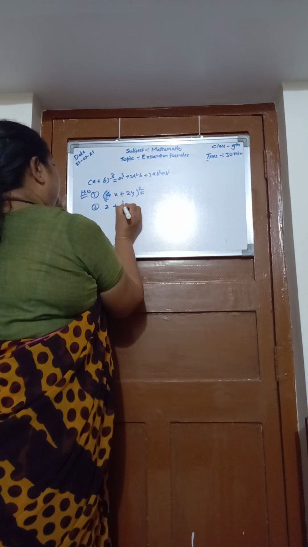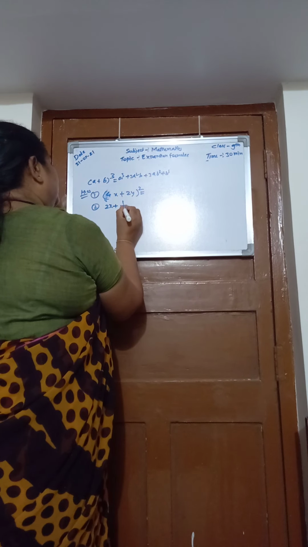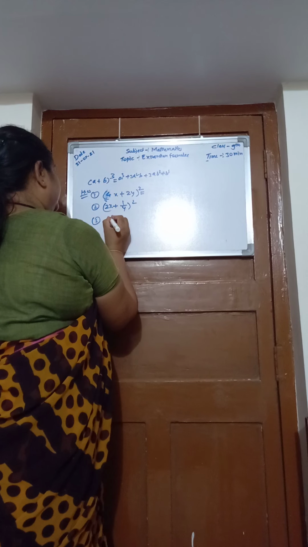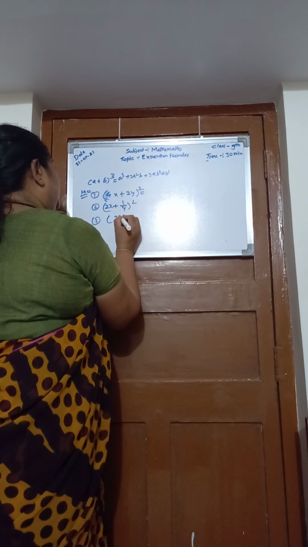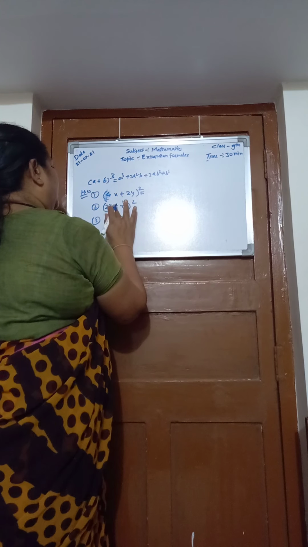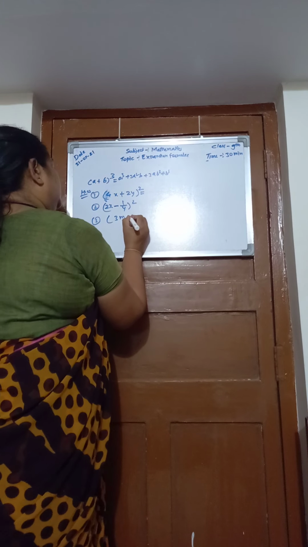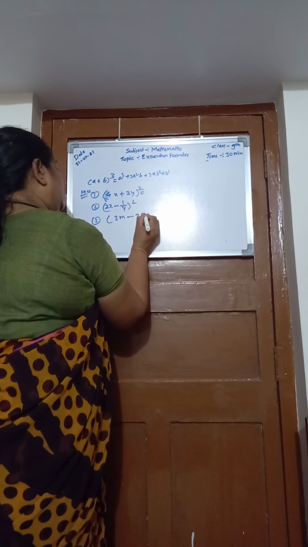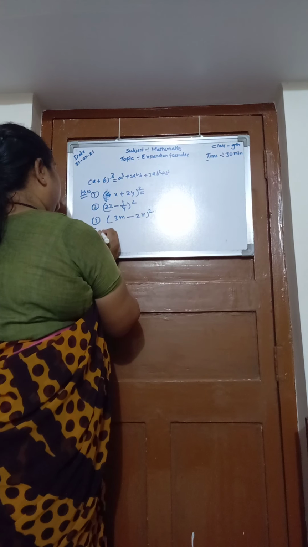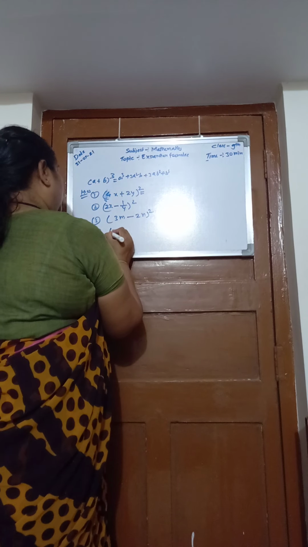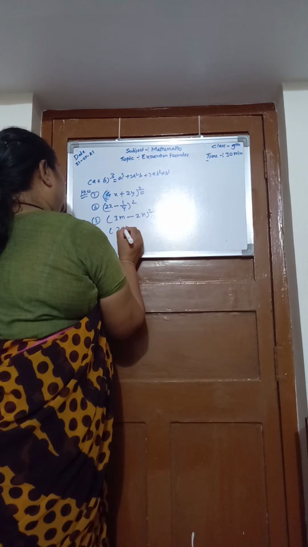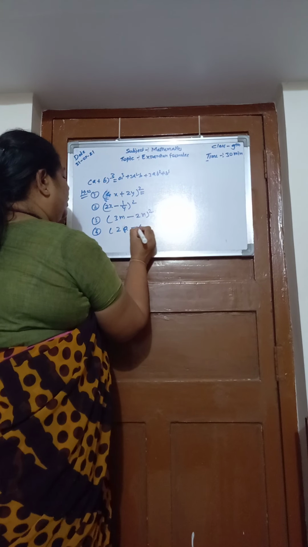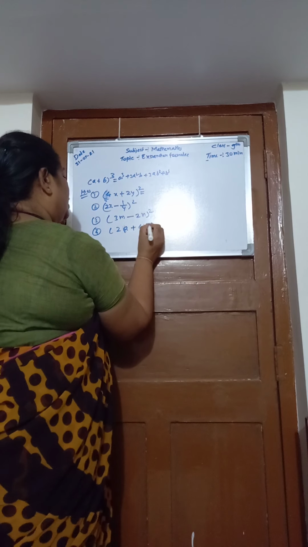Two minus 1 by 2x minus 1 by y square, 3m minus, 3 minus 2n whole square, then fourth is 2a minus 2a plus 4b cube.